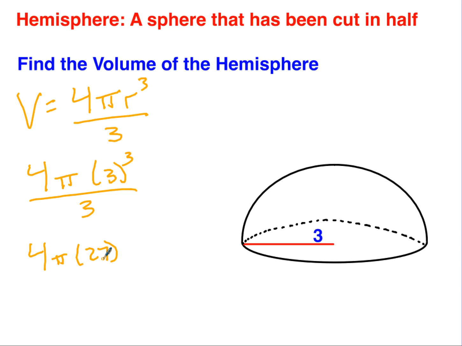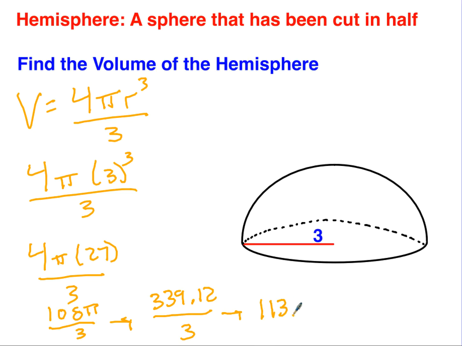Now I can do 4 times 27 in my calculator, and that's going to give me 108 pi over 3. Now I can multiply 108 times pi, which is 3.14. That'll give me 339.12, all divided by 3. And when I do that, I get 113.04.